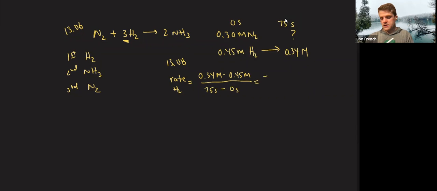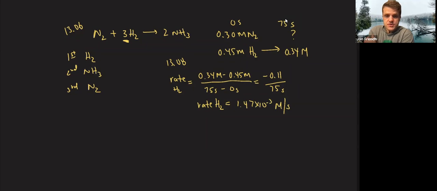So we get negative 0.11 over 75. All right, the rate that hydrogen is consumed in this reaction is 0.11 divided by 75, or we'll say 1.47 times 10 to the minus 3 molar per second. That's the rate for hydrogen.